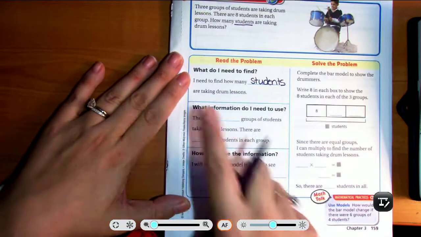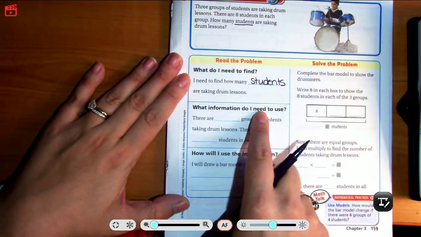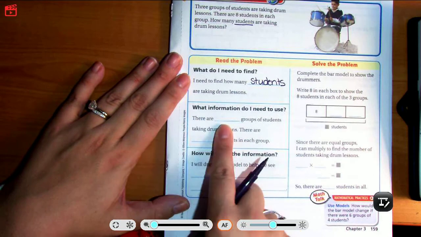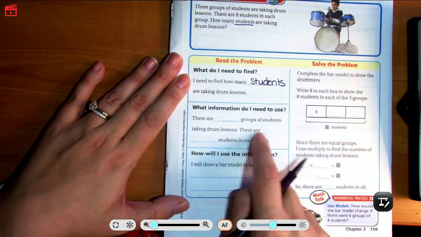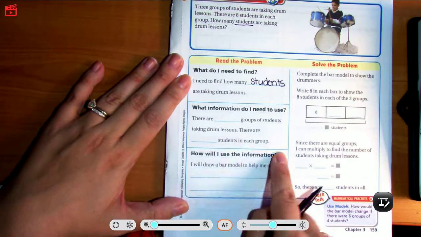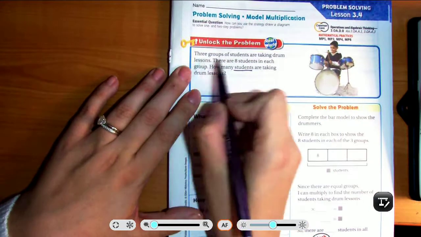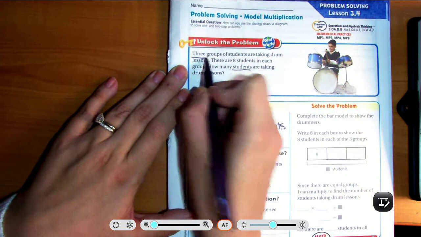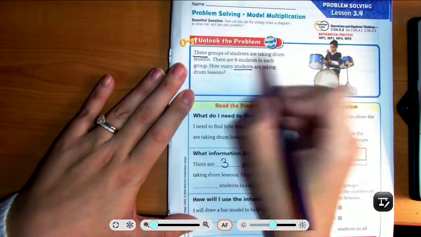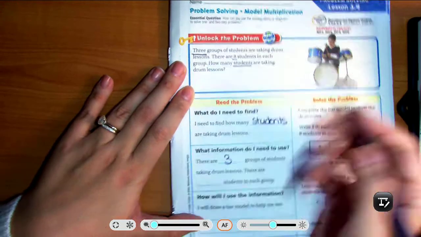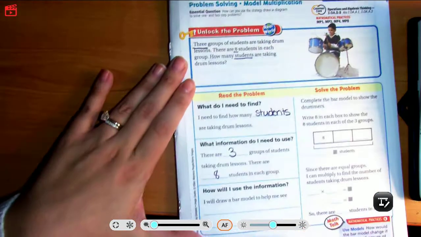Okay. What information do I need to use? There are blank groups of students taking drum lessons. There are blank students in each group. So I'm going to go back up here. 3 groups of students, so 3. There are 8 students in each group.